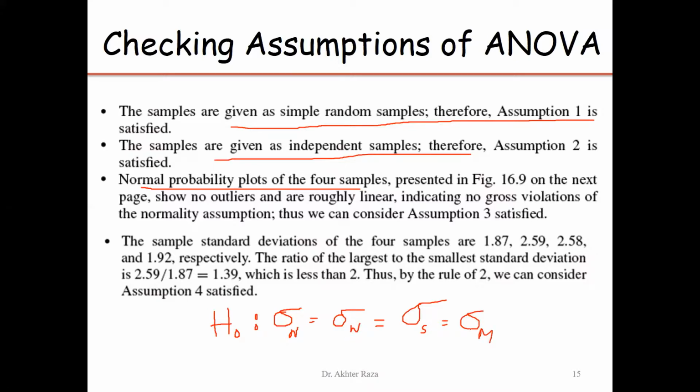We can test this hypothesis by a Levene test, but there is an informal procedure of testing whether the standard deviations in populations are equal or not by just comparing the 4 sample standard deviations. So S1, S2, S3, S4 are the standard deviations among these 4 columns.